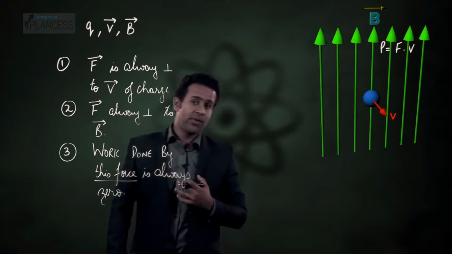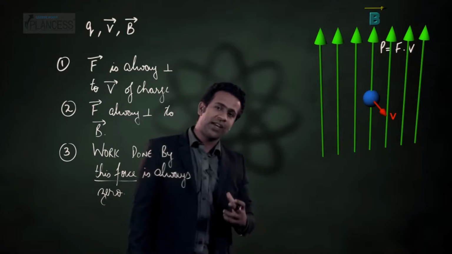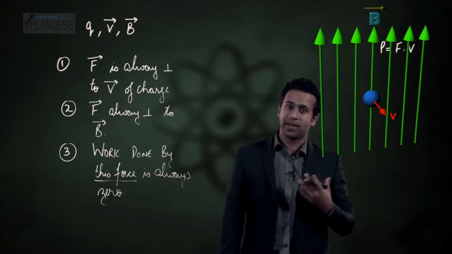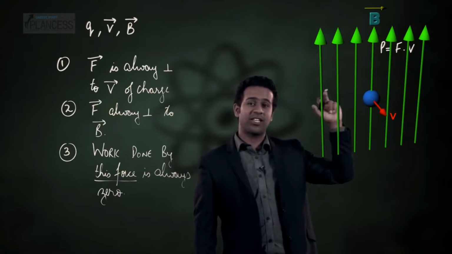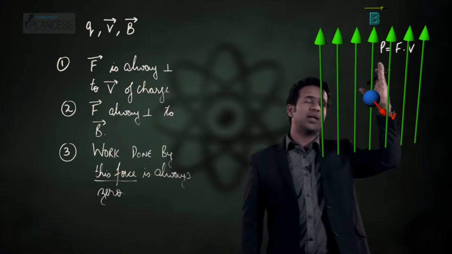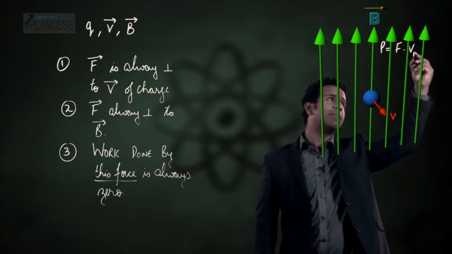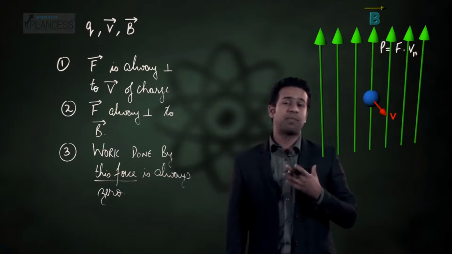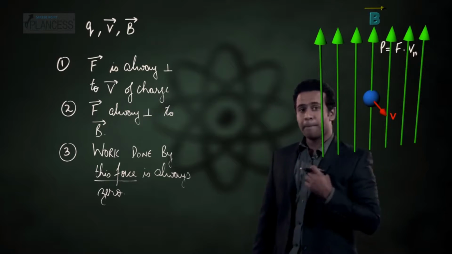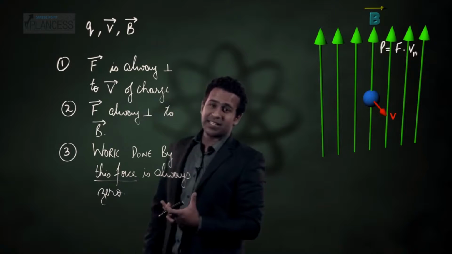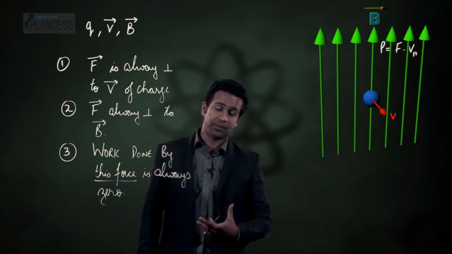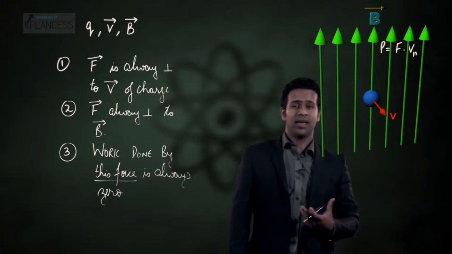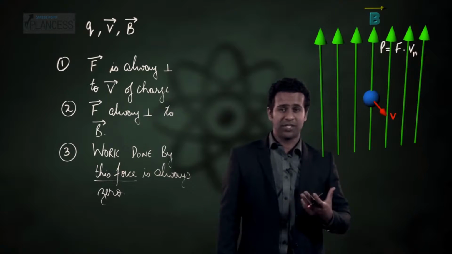Now, when we do this force into velocity, we consider the velocity in the direction of force. So this expression is power is equal to force into v parallel, that is the component of velocity which is parallel to force. But if the velocity is completely perpendicular, then v parallel is zero. Hence, the power delivered is zero.